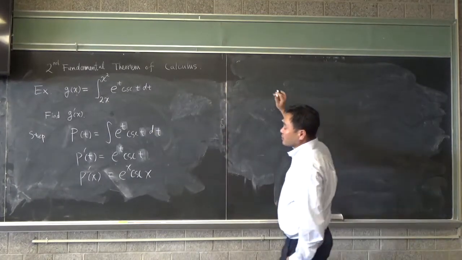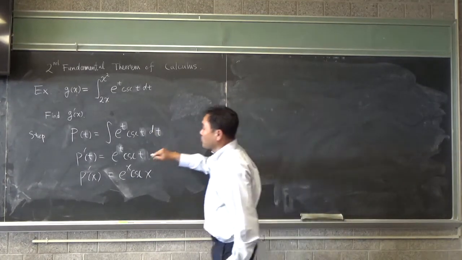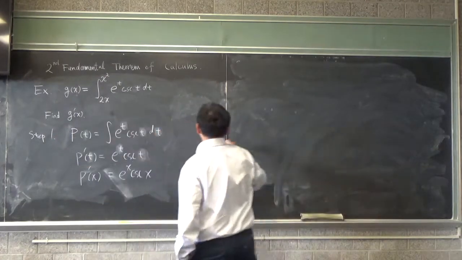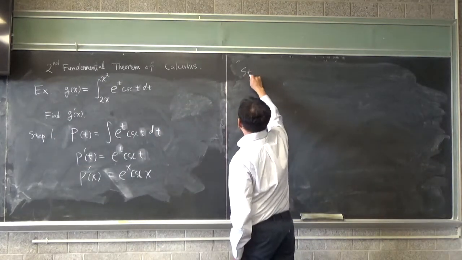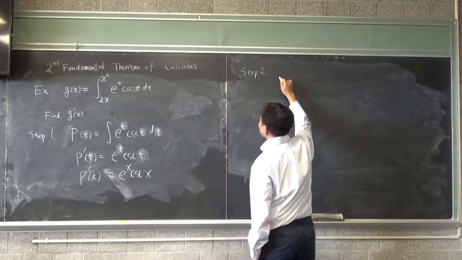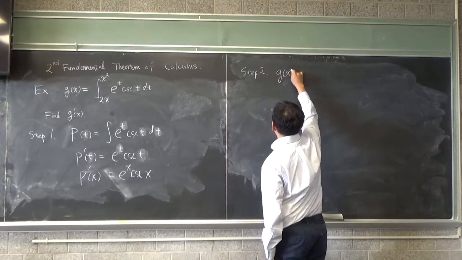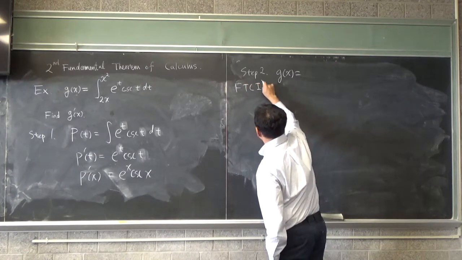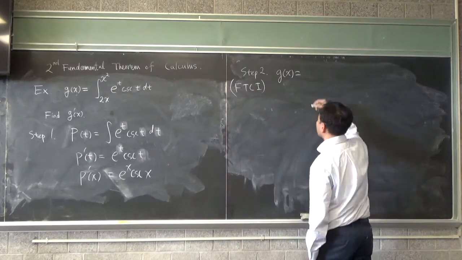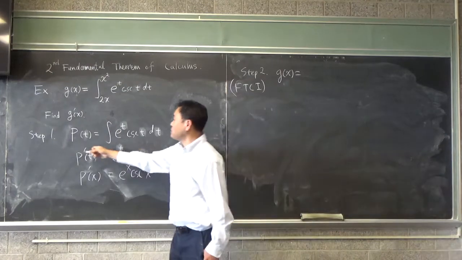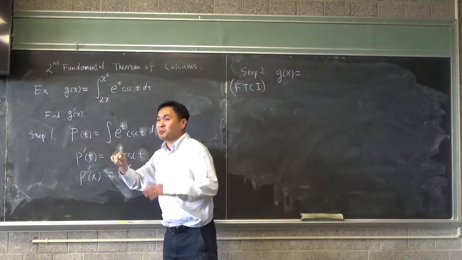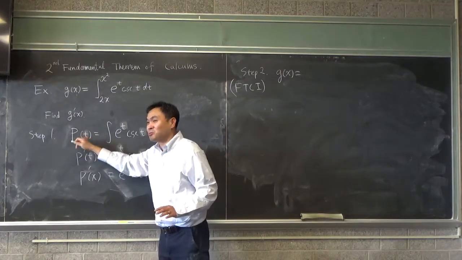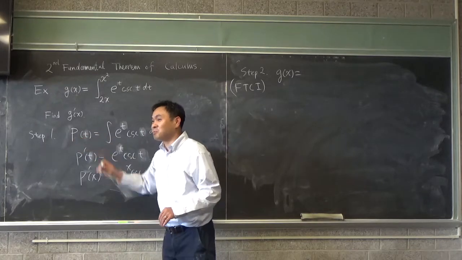Okay, so that's step 1. Then step 2, you write out what that is using the fundamental theorem of calculus, FTC1. You say, well, since I know the antiderivative, or we're faking it, we don't really know it, but we're faking it, thinking that it's p of t.